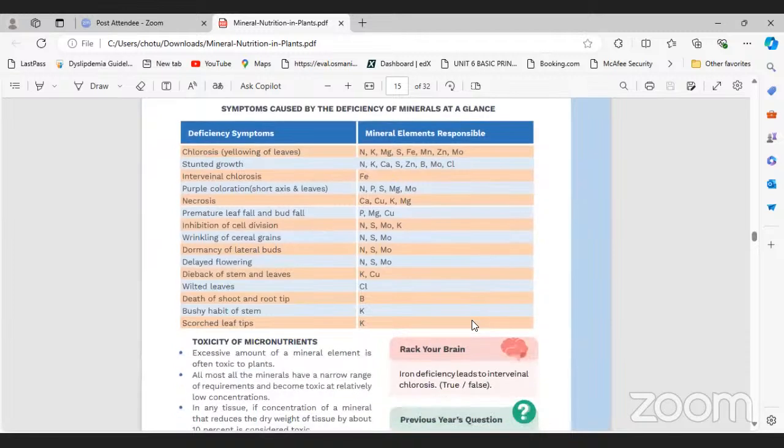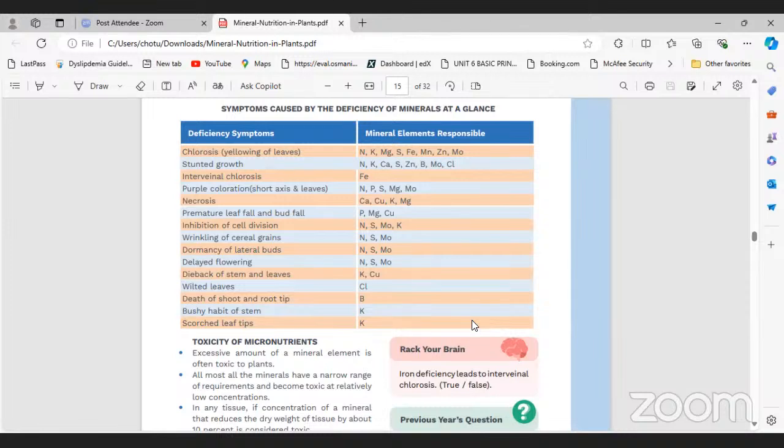See the deficiency symptoms. Chlorosis, or yellowing: nitrogen, potassium, magnesium, sulfur, iron. Stunted growth: the same. Interveinal chlorosis: iron, manganese. Necrosis: calcium, copper, potassium, and magnesium. Premature leaf fall or bud fall: P, Mg, Cu.